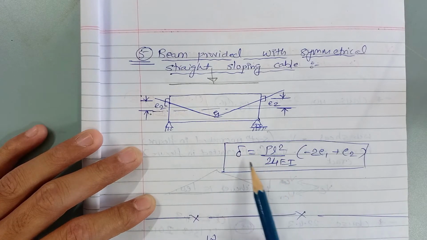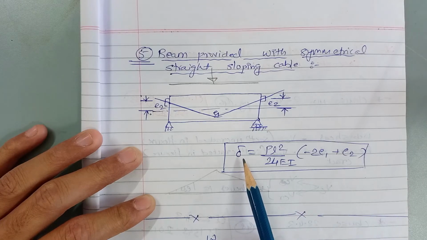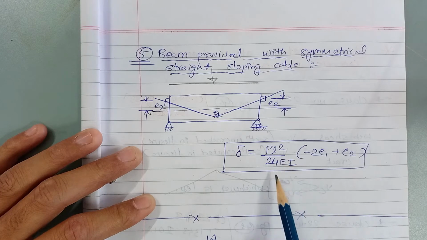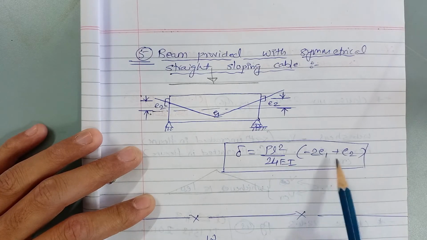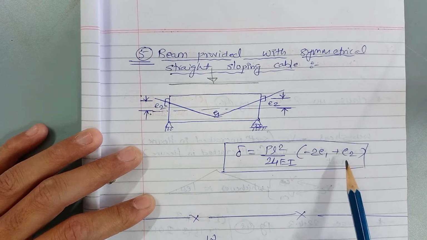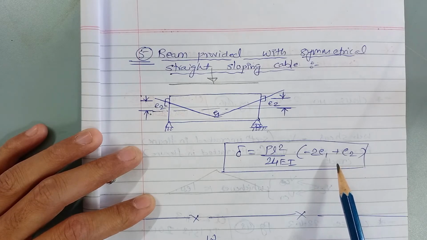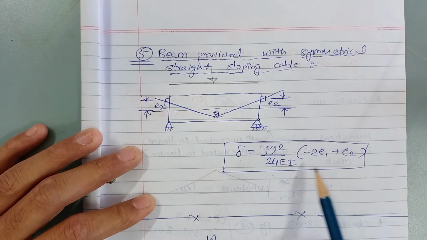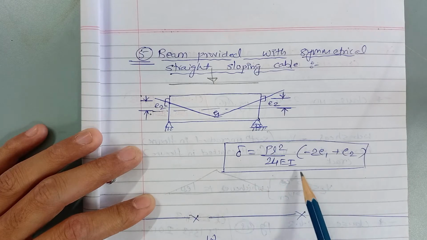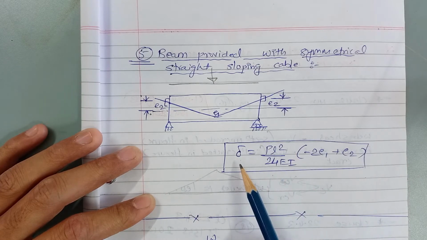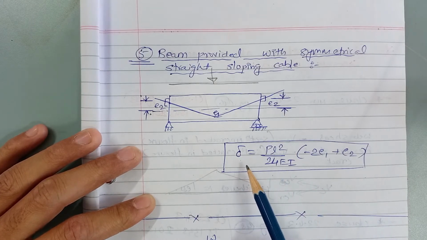In this condition you are supposed to determine the inverted deflection, that is deflection due to cable, delta is equal to PL square upon 24 EI into bracket minus 2 E1 plus E2. Now here you are not supposed to go through the derivation, but only keep in mind the formulas for different cases so as to determine the inverted deflection delta.